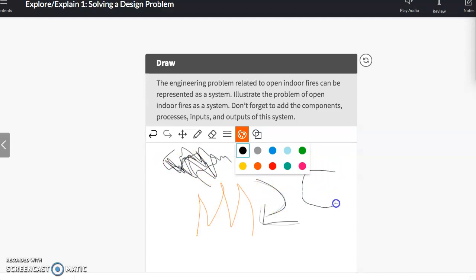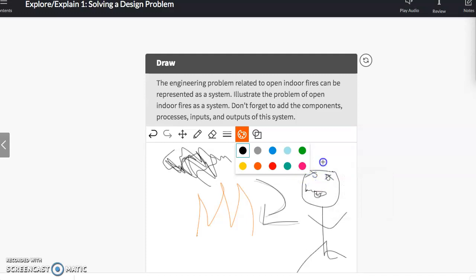Then here's a person. They breathe in the smoke. Their mouth, their eyes. They breathe in a little bit of smoke. See what breathing in? And they get sick. Little X's over their eyes.